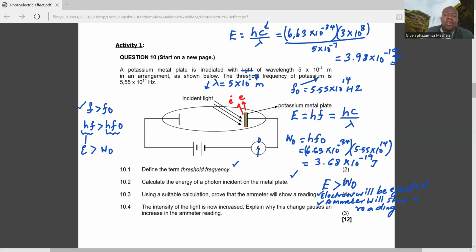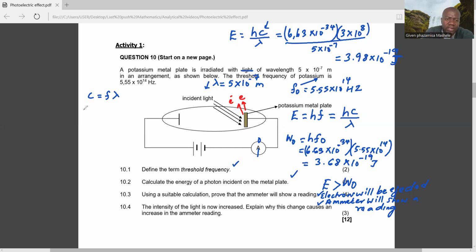One other way of doing that: we can still calculate the frequency of light if we do not want to use that approach. Since we are given the wavelength and not the frequency of light, we can calculate the frequency using the speed formula, which says the speed of light is equal to frequency multiplied by wavelength.